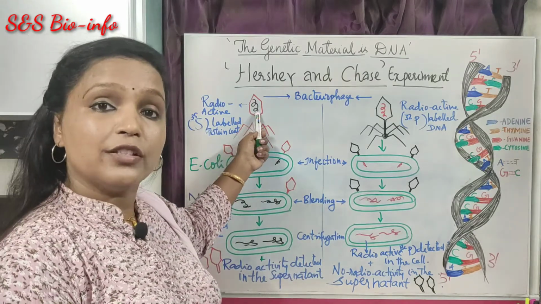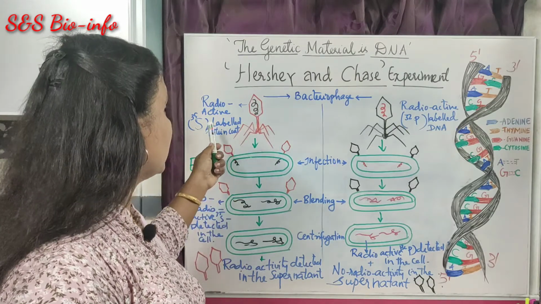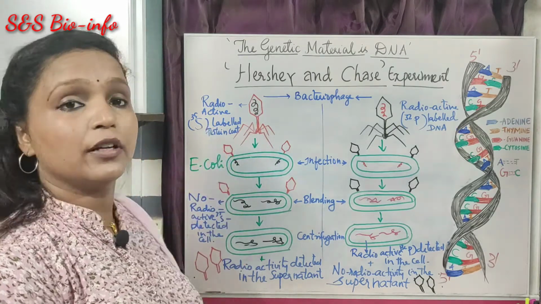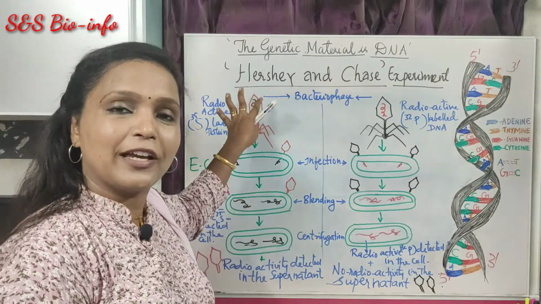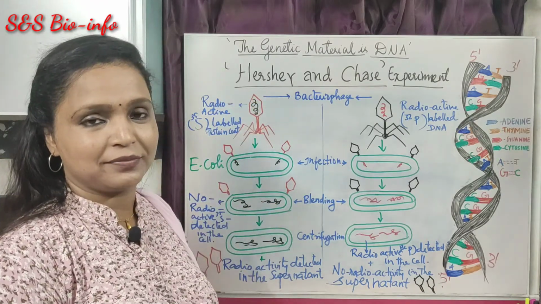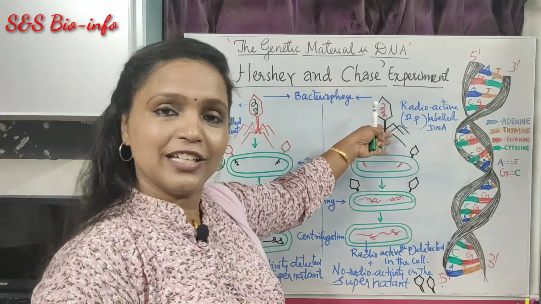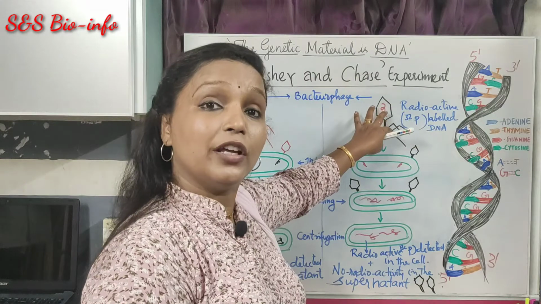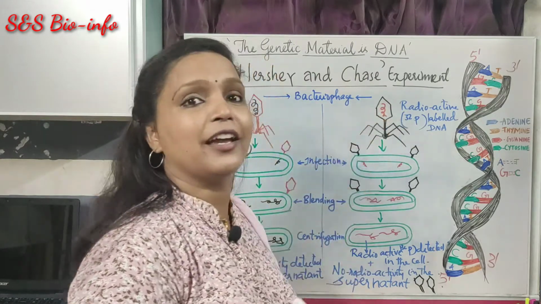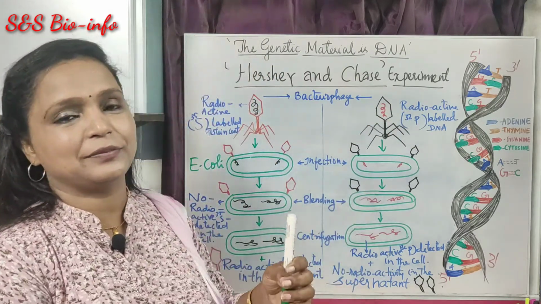The bacteriophages grown in the radioactive sulfur medium had their protein coat become radioactive. But in the case of this bacteriophage, instead of the protein coat, here the DNA became radioactive.